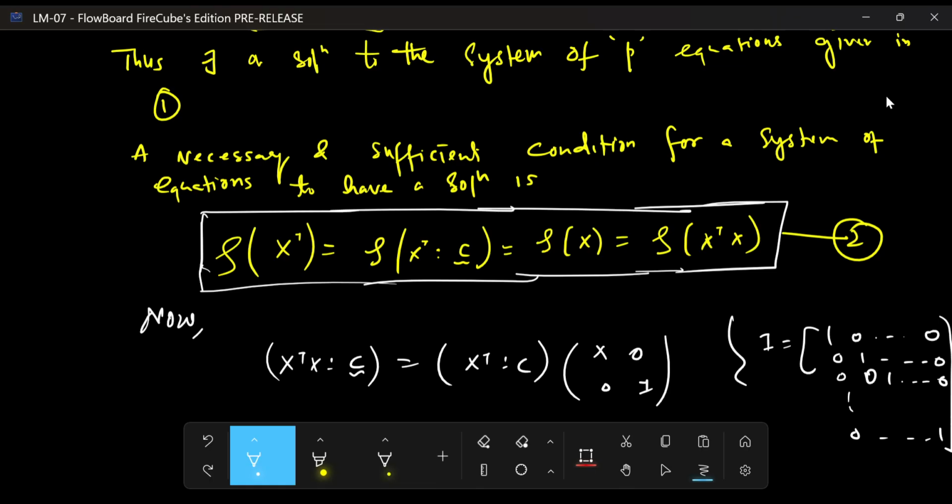This is my identity matrix of order n cross n. Diagonal elements are only unit: the diagonal elements have value 1, 1, 1, 1, and the off-diagonal elements are 0.